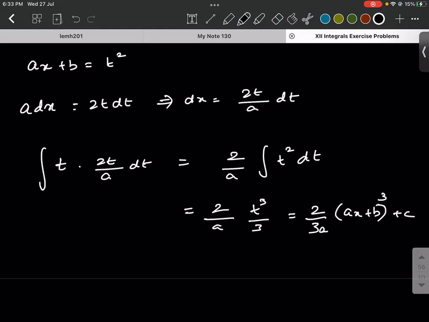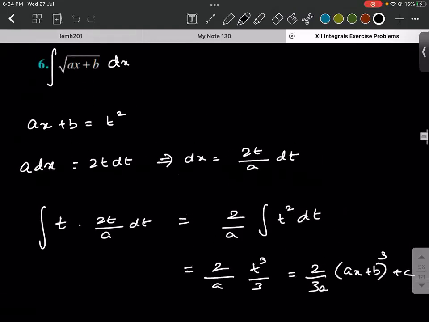So it's root. But I substituted ax plus b as t square. So root of ax plus b is t.